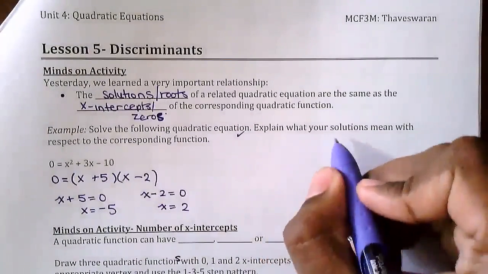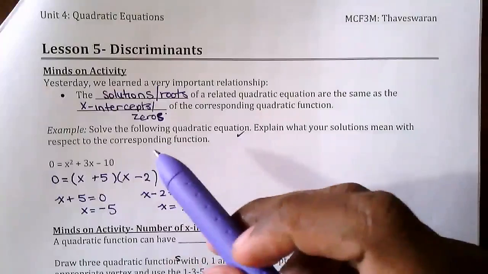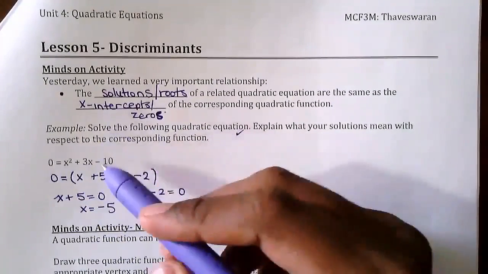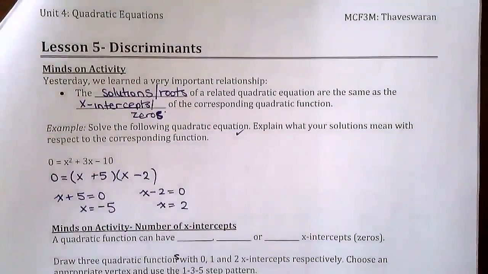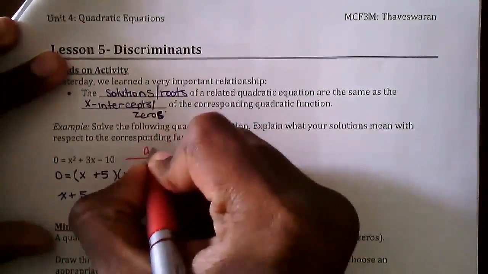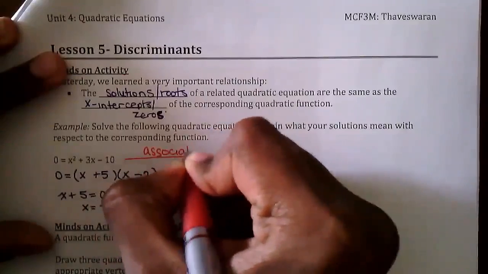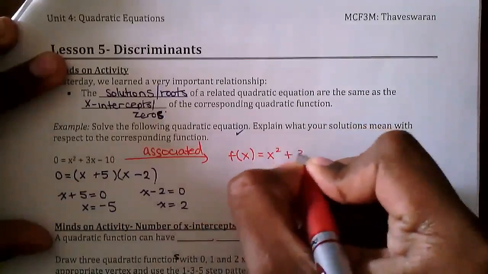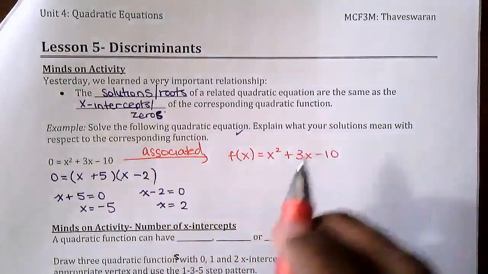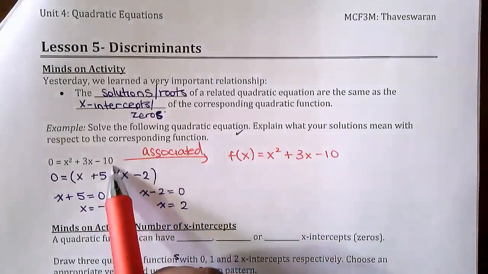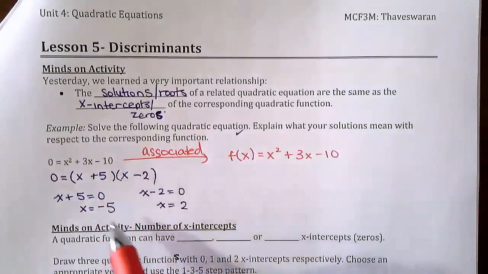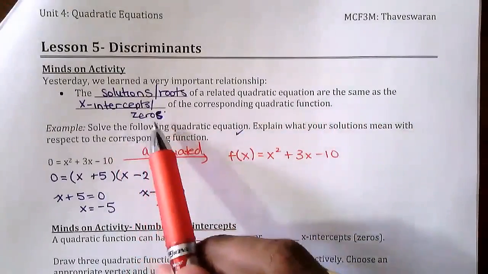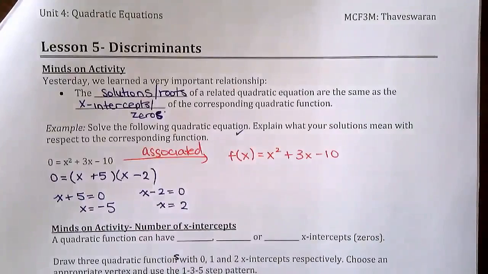Next, we need to describe what these solutions mean with respect to the corresponding quadratic function. So this was our related quadratic equation here. This is associated with the function f of x is equal to x squared plus 3x minus 10. So if this is the function and this is the related quadratic equation, the solutions or the roots of the related quadratic equation are the same as the x-intercepts or the zeros of the corresponding quadratic function.